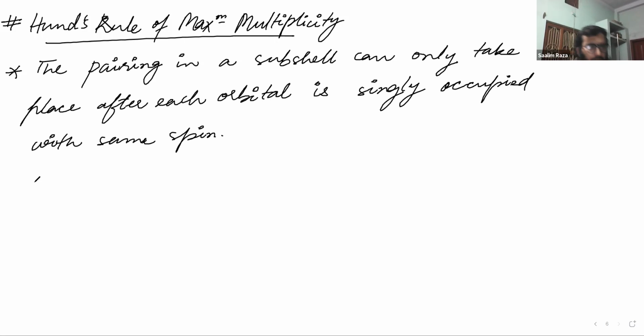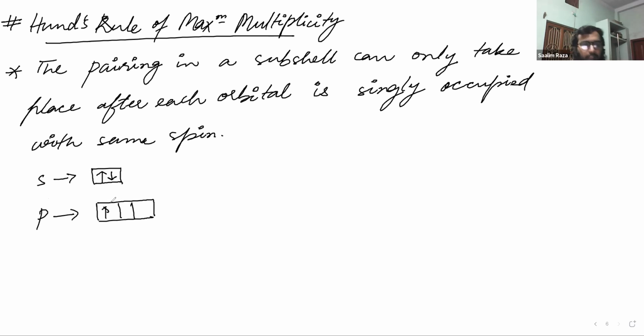What does this mean? Let us say, for example, in the s subshell, we don't have any choice since the s subshell can have only one orbital. Hence, an electron will fill this orbital, and the next electron can come and fill the other vacant site, right? But for p, we have a choice. You filled an electron.